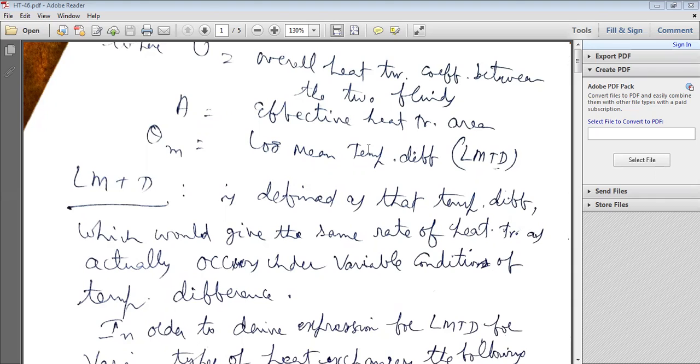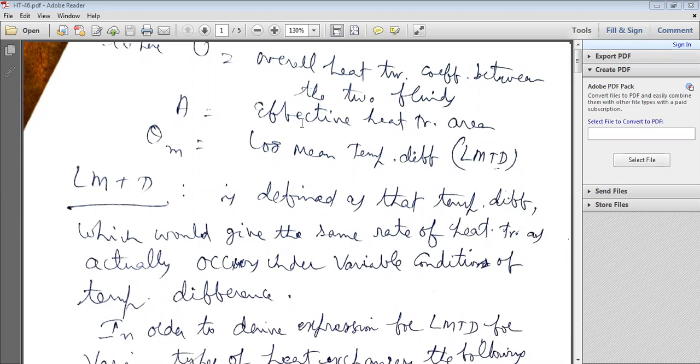So in parallel flow heat exchanger, both the hot fluid and cold fluid are flowing in the same direction. So hot fluid temperature decreases, at the same time cold fluid temperature increases.